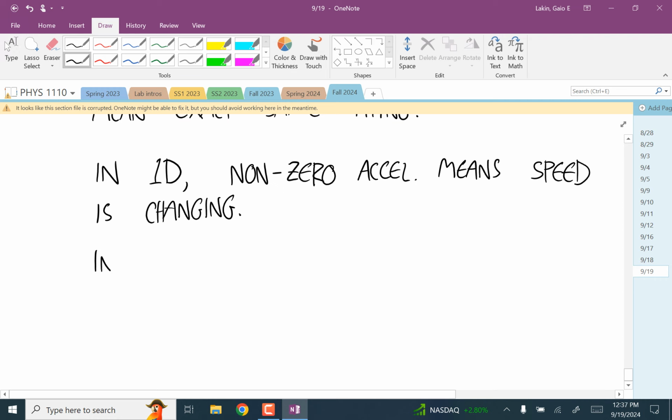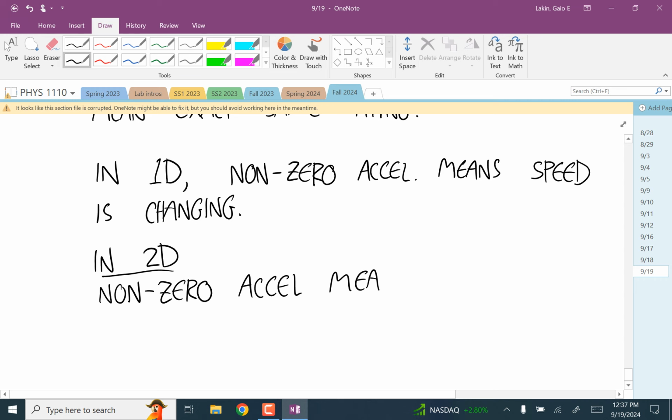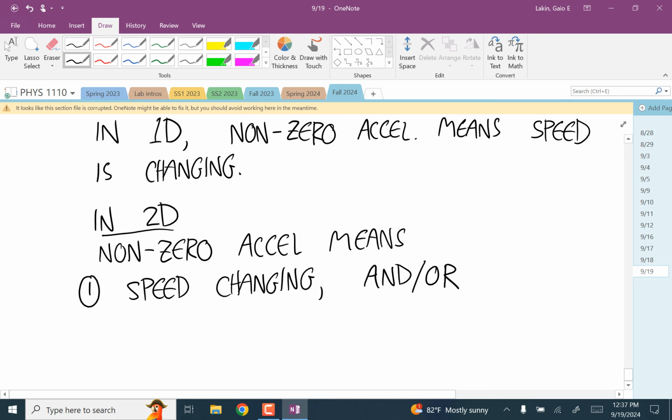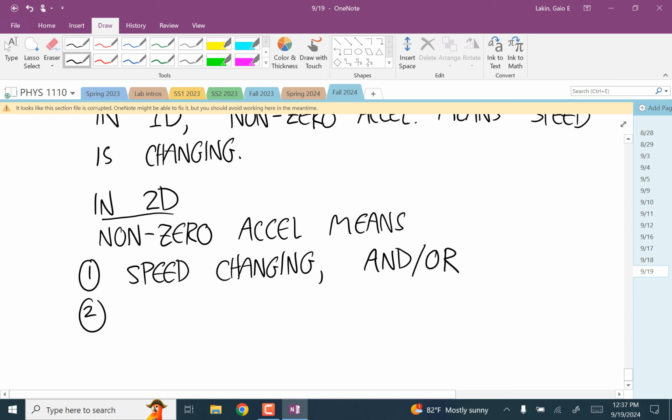In 2D, non-zero acceleration can mean that the speed is changing, but it can also mean, so let me write it as and/or, that the object is turning.